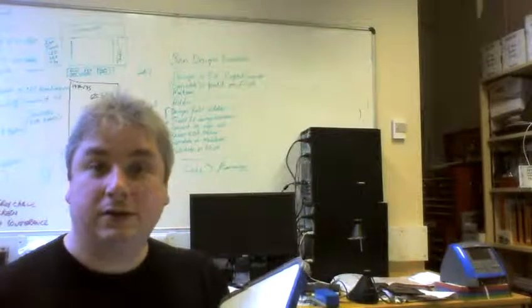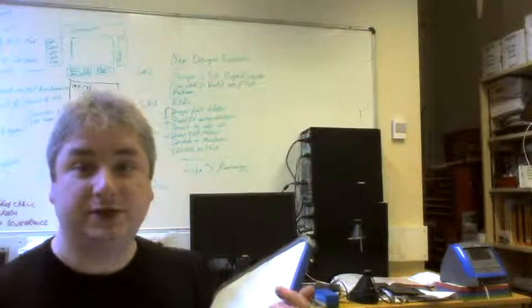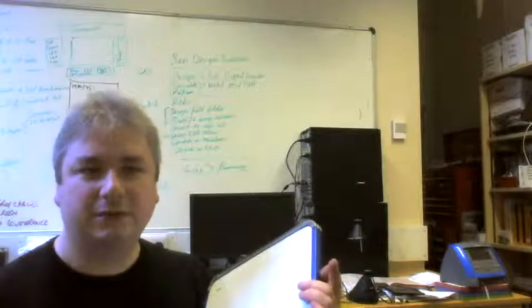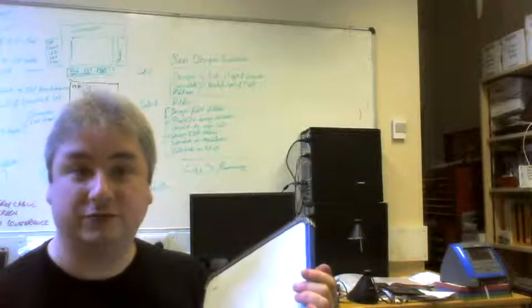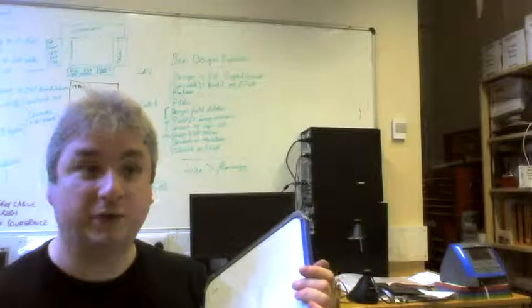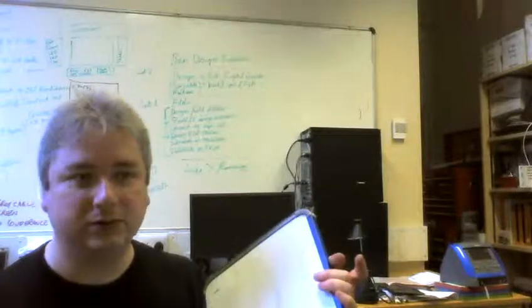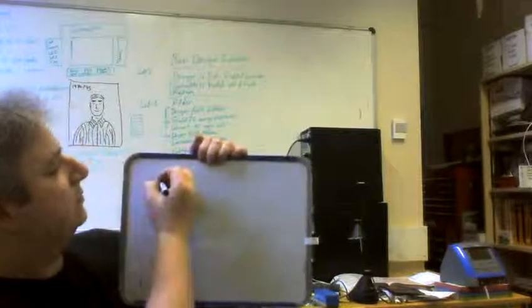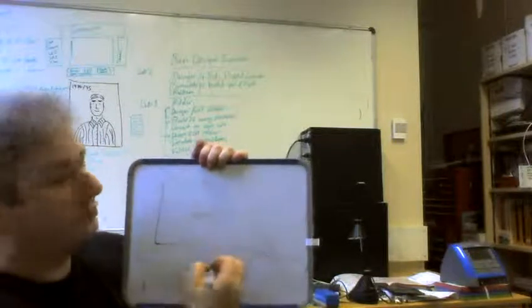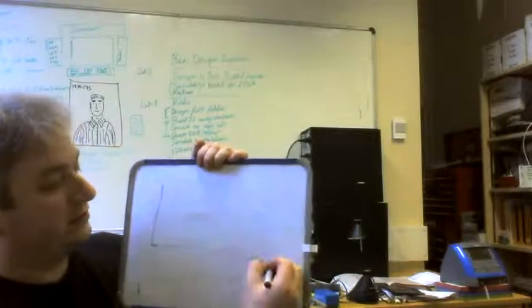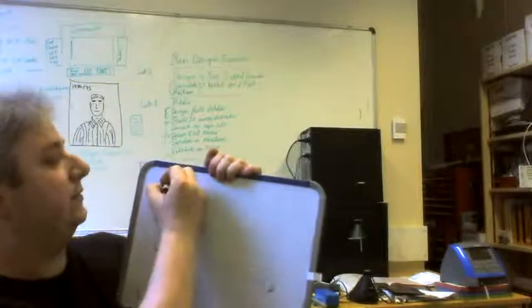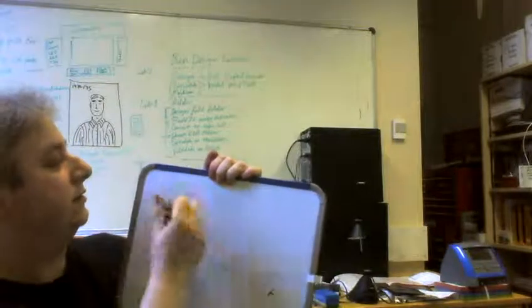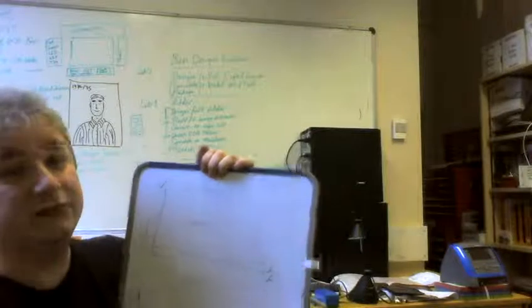Well, that's looking at AC multimeters. To get a clearer idea of the frequency range of what it can do and what there actually is in the world, let's have a look on the whiteboard. We'll do a nice graph of the frequency response. So this is going to be F, and this is going to be V, voltage.